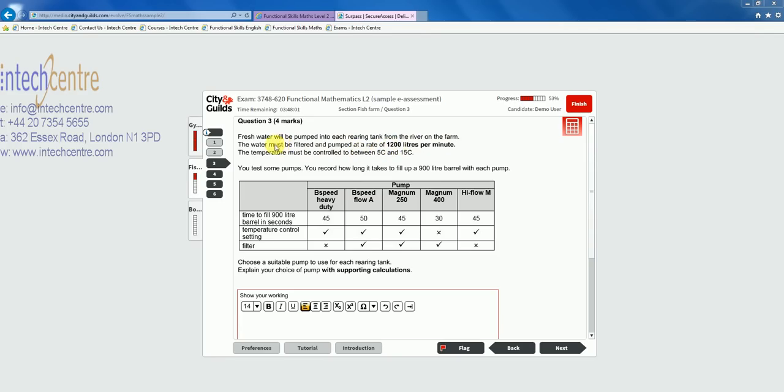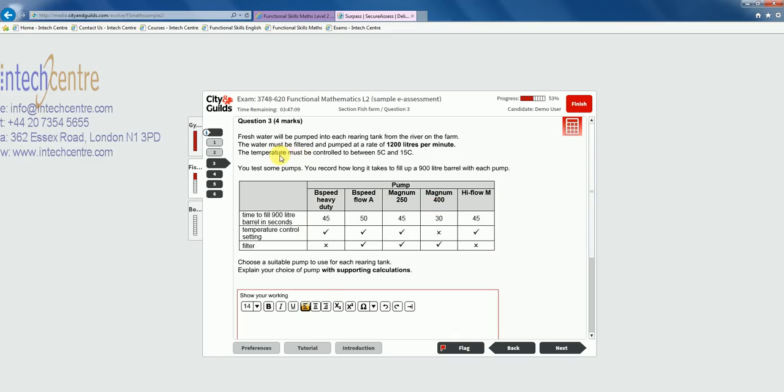So it must be filtered. So B speed heavy duty has no filter, so this one we can cross out. High flow M also has no filter, so we can cross this one out.